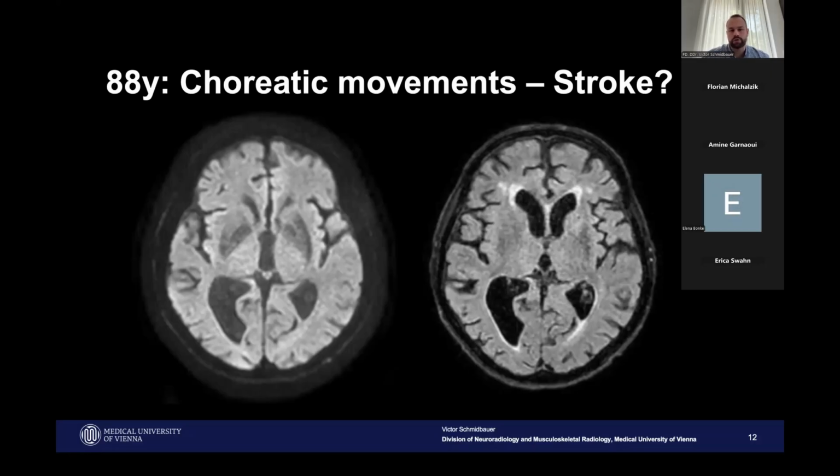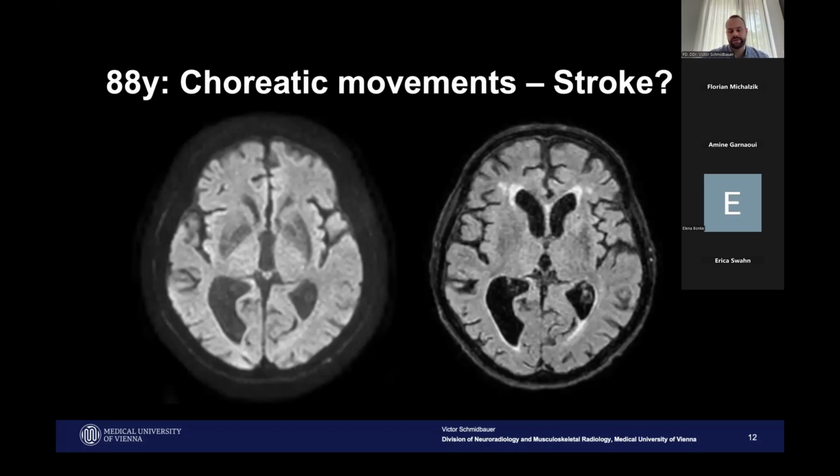The stroke protocol at our institution consists of a 3D time-of-flight angiography, which was not run in this case because we already had CTA, a diffusion-weighted imaging sequence, and a T2 FLAIR sequence. And we added the MDME sequence, and sometimes we also remove the FLAIR sequence and just do the MDME sequence.